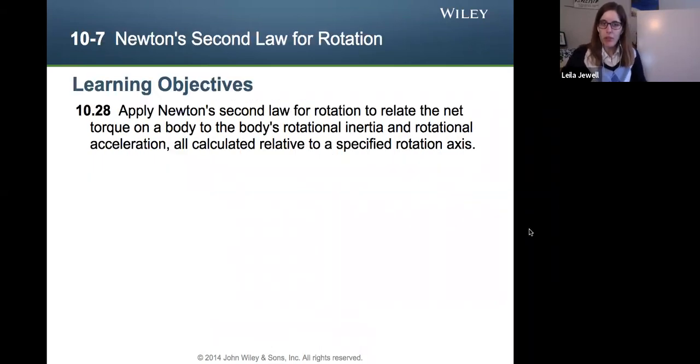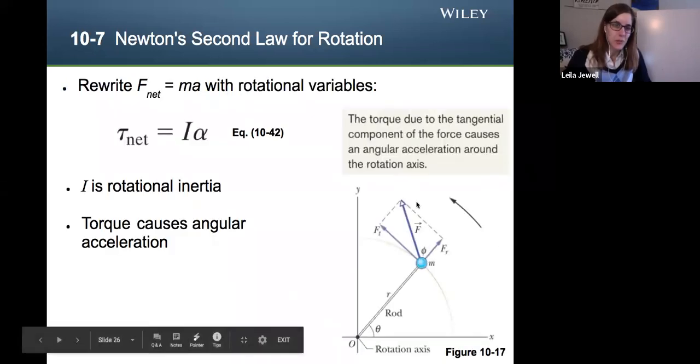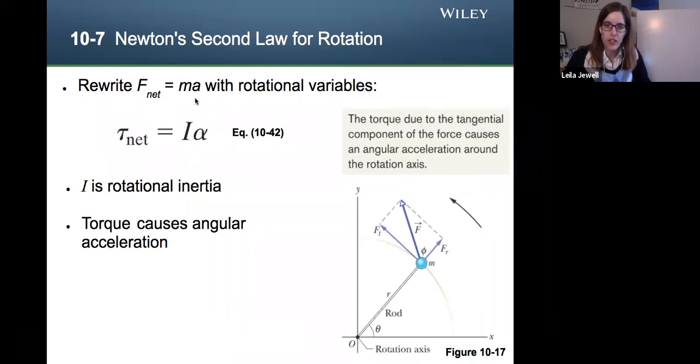Okay, let's keep rolling into Newton's second law for rotation, which is just an expansion of our idea of torque. Since we know torque is like force, we expected to see Newton's second law appearing yet again. And so we're rewriting Newton's second law, F net equals ma, with rotational variables.